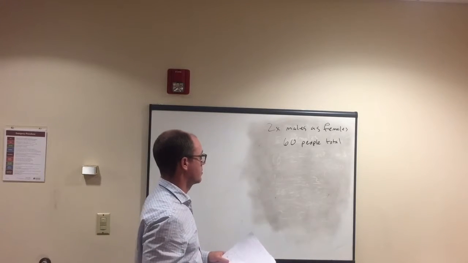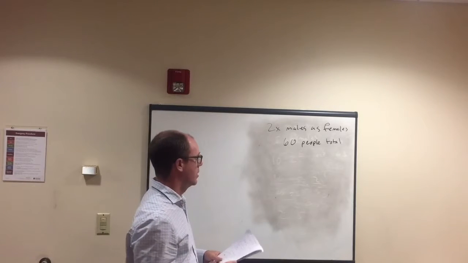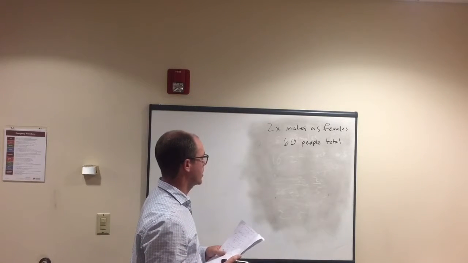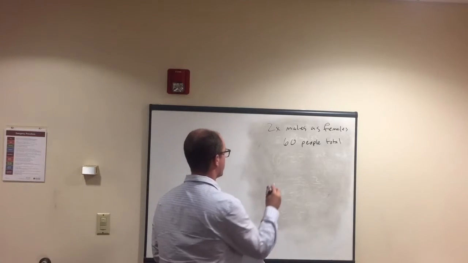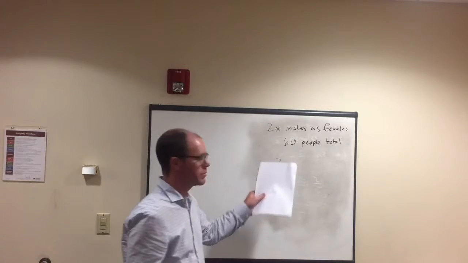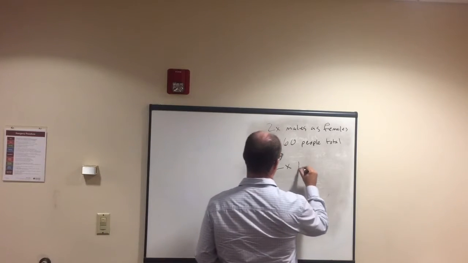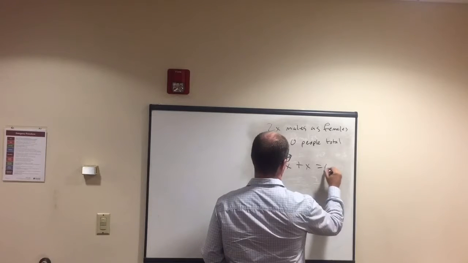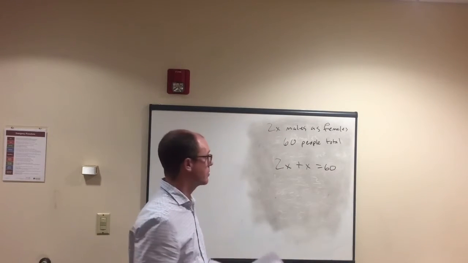Perhaps you can eyeball this and get it right, but most people can't. So males are going to be represented by 2x, because there's twice as many as females. Females are going to be represented by just x. And that's 60, our total. Okay, and then we just add this up.